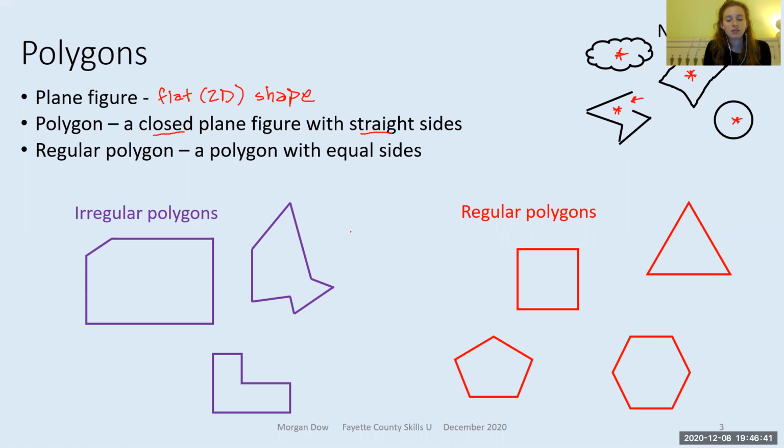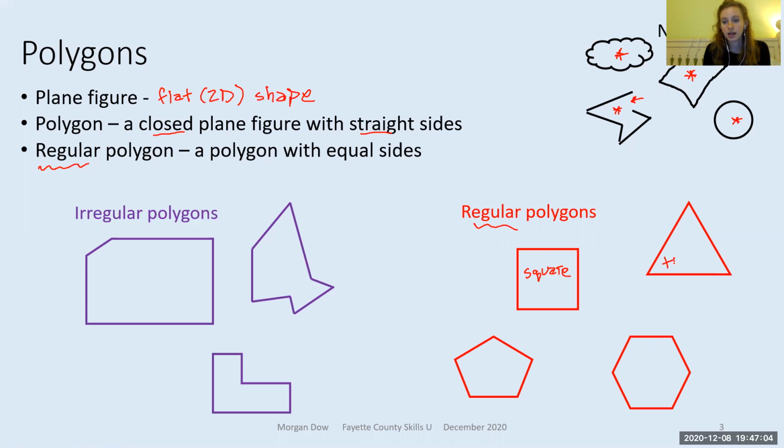All right, and then down at the bottom, we can see that polygons are sometimes sorted into two different categories. So one of those categories is regular polygons. A regular polygon is a polygon with equal sides. And I have some examples of those here. So a square has four equal sides.